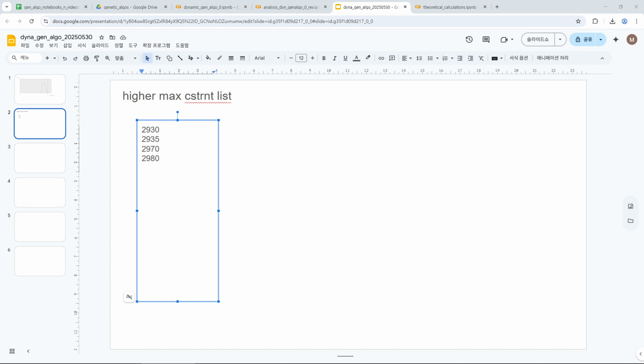I'm just looking at my notes or my code. Oh yeah.